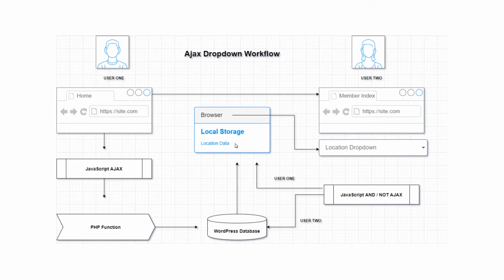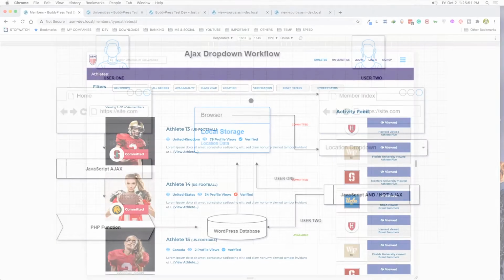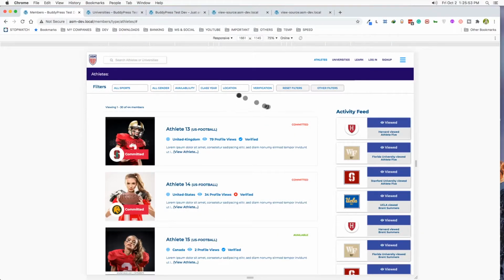And this time we're going to cover this final script, which actually goes out there, collects the data, and dynamically creates this dropdown. So let's go take a look. This is the members index page, and this is the dropdown in question. So let's first see what we can see at the backend HTML.